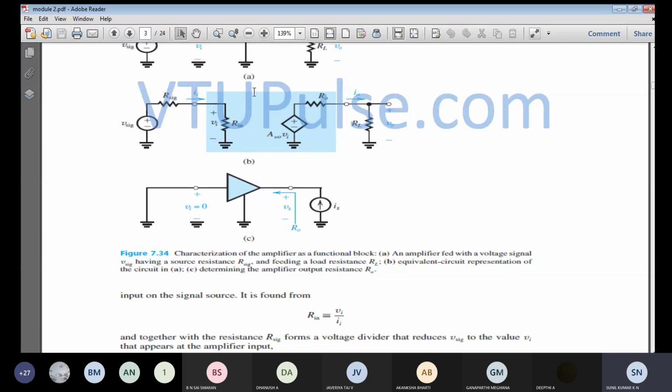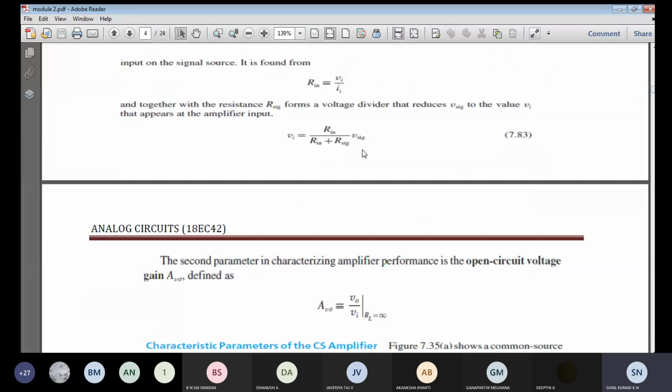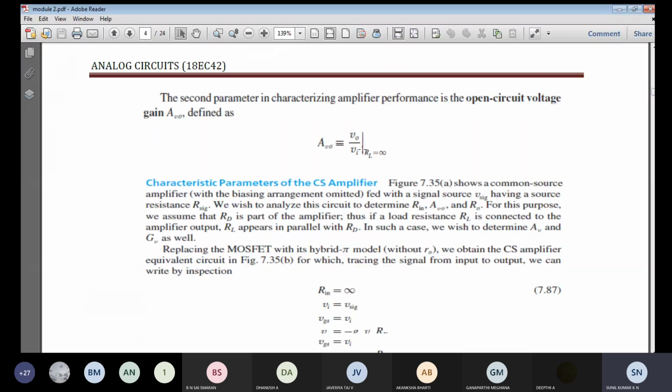Suppose I want to know the overall circuit voltage gain, that is V0 to V signal. If you find V0 to V signal, that is called the overall circuit voltage gain. So this is the open circuit voltage gain, this is the circuit voltage gain AV, and if you consider the entire thing, that is the overall circuit voltage gain.